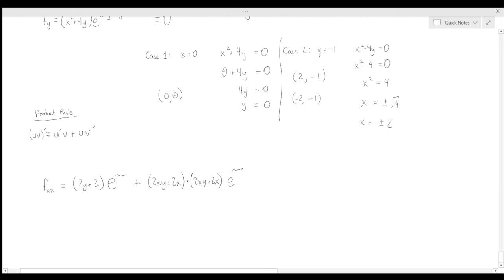And then I'm going to simplify a little bit here. So what I'm going to do is factor the exponential out from both of the terms. So that will leave me with the 2 plus 2 in here. And then I'm going to have these two multiplied together, which I can rewrite as 2xy plus 2x all squared, okay?